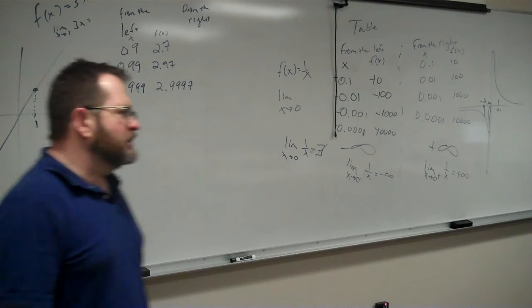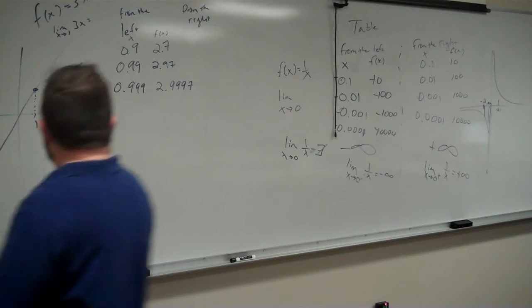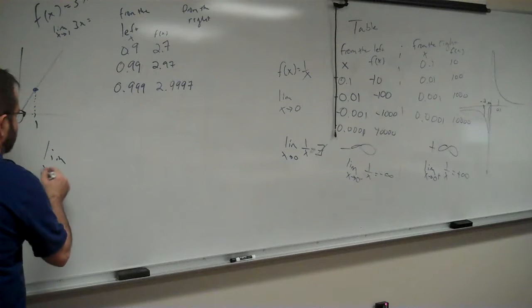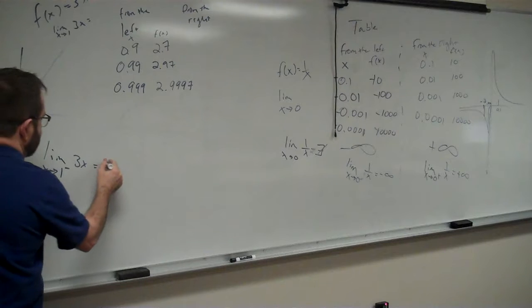Do you see what's happening here? The closer and closer x gets to 1, f of x just gets closer and closer to 3. This isn't blowing up, it's coming to a nice value. So the limit as x approaches 1 of 3x, from the left anyway, is 3.